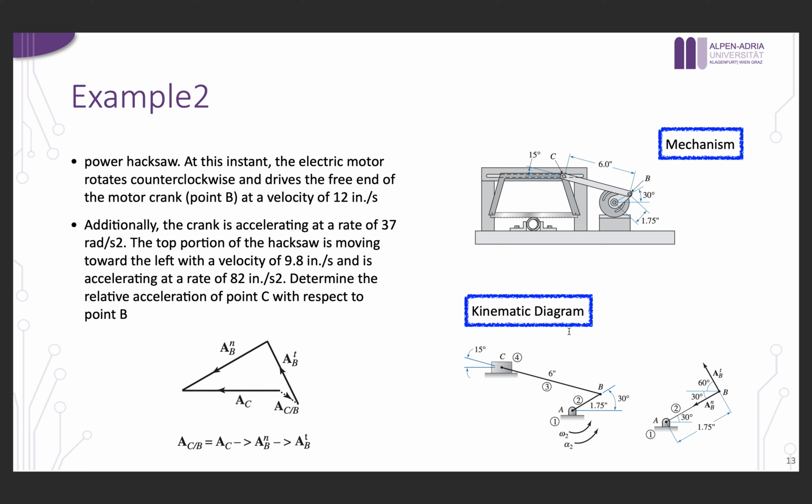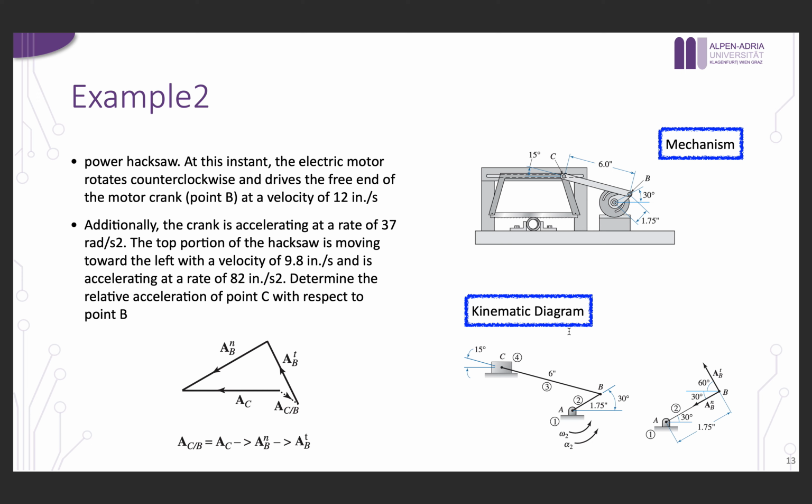Additionally, the crank is accelerating at a rate of 37 radian per second squared. So this is the acceleration. The top portion of the axle is moving toward the left with a velocity of 9.8 inch per second, and is accelerating at the rate of 82 inch per second squared.